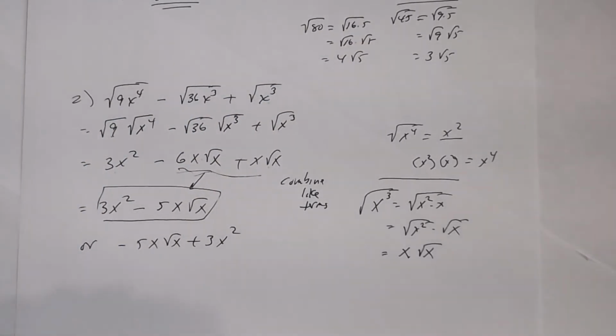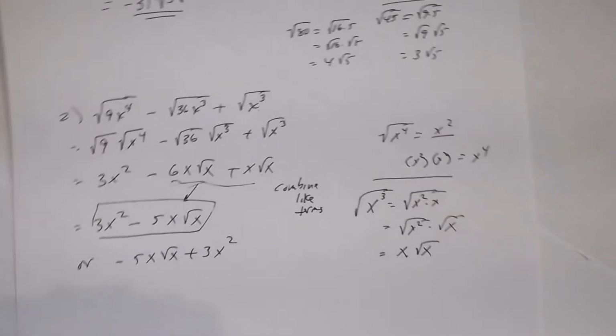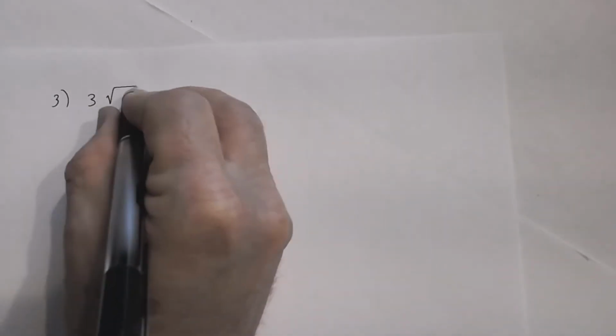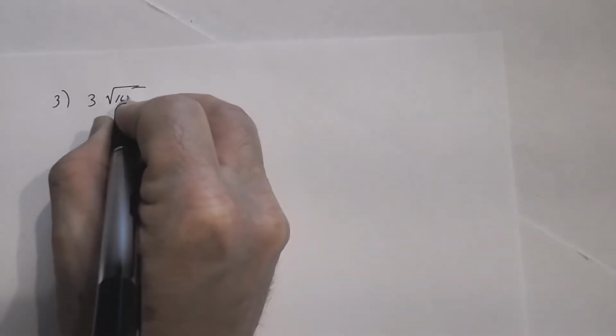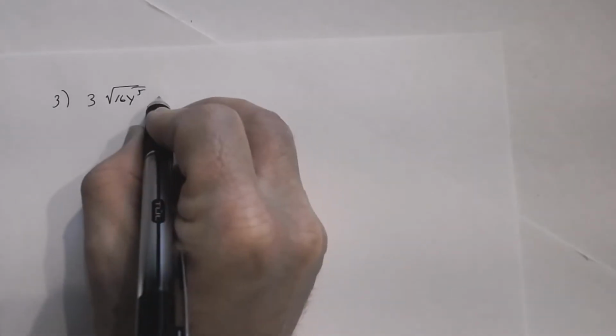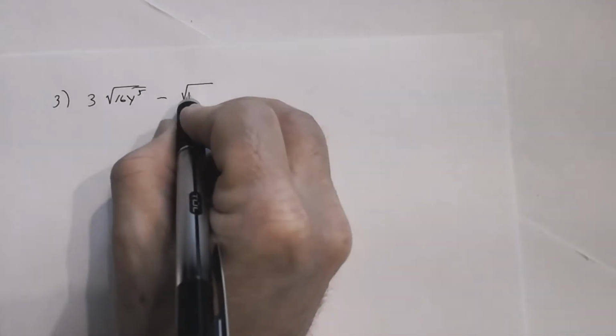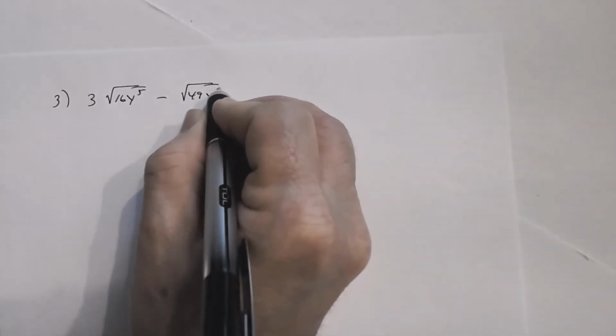Let's look at number 3. This lesson is a little bit more challenging because of all those variables, but the more practice you do with it, the better you get. Number 3, let's suppose you had this problem: 3 square root of 16y to the 5th minus the square root of 49y to the 5th.